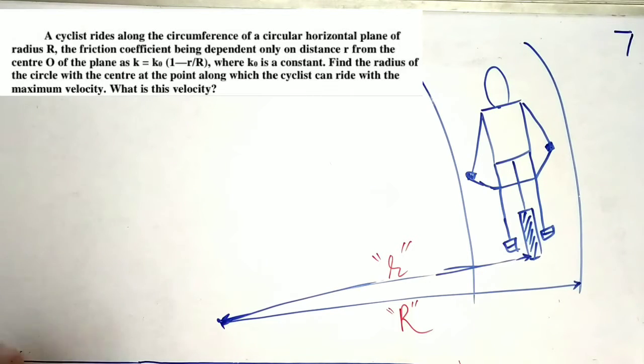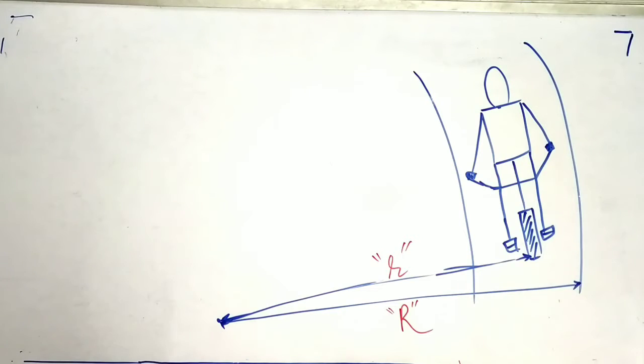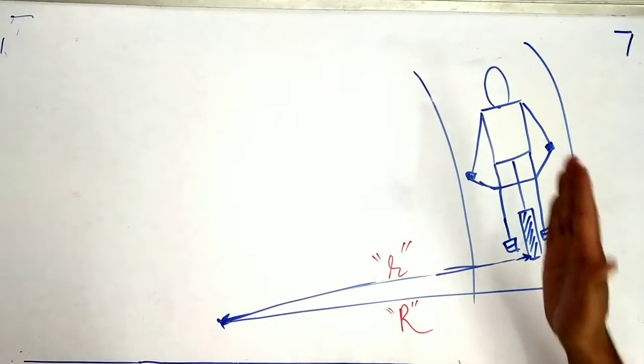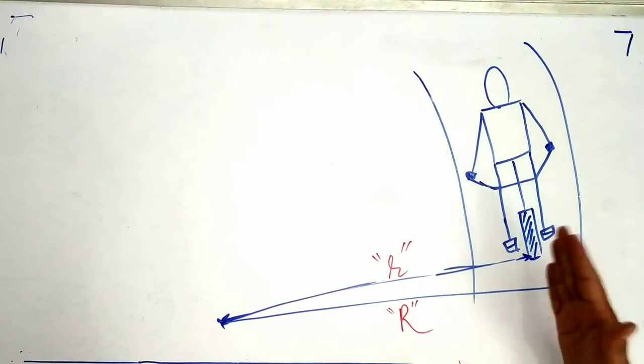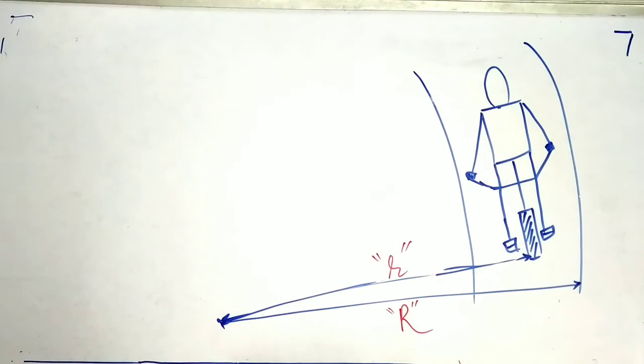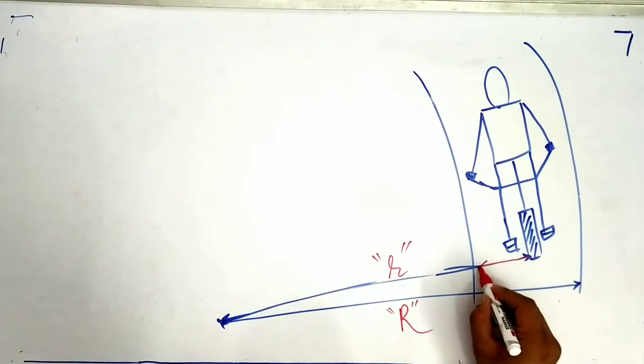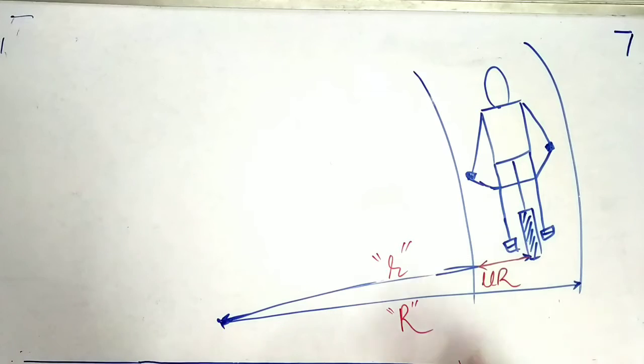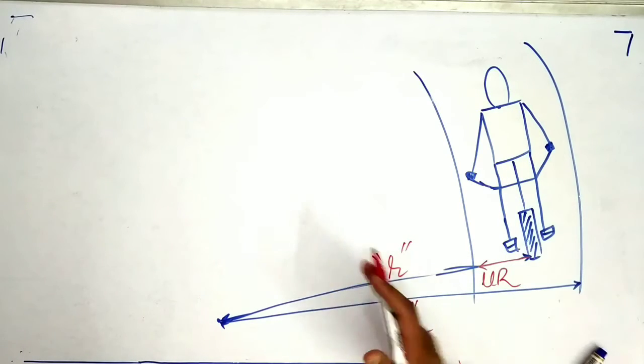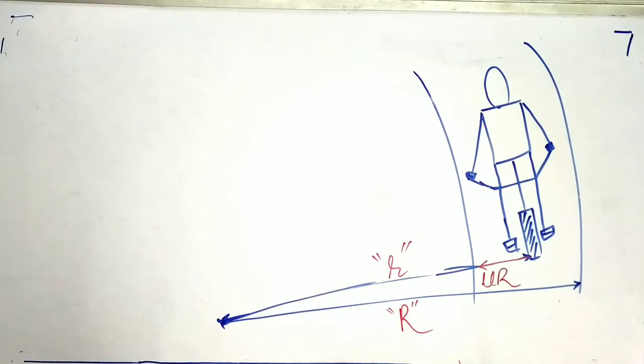Okay, pretty easy. The thing is, we should know that the only force keeping this rider on the track, if it is moving with the maximum velocity, is the friction.